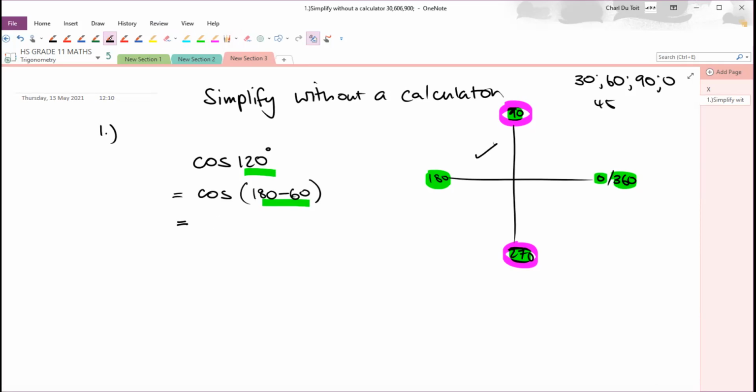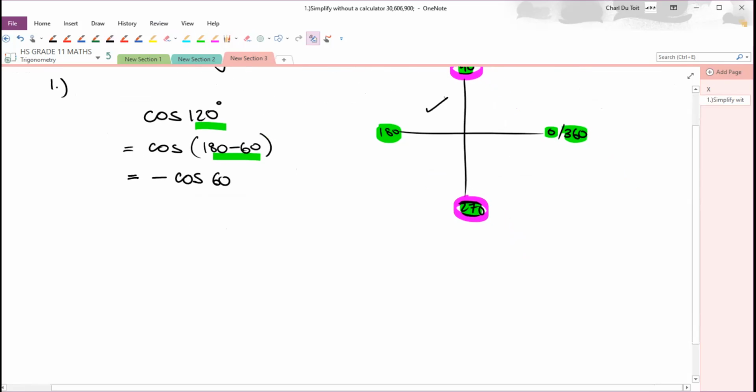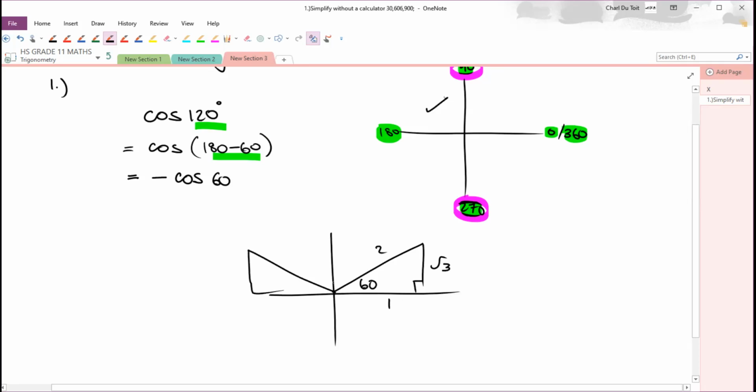Now I'm going to try and explain it so that you understand. Okay, so it's negative cos 60. The reason I'm doing that, I can just disregard the 180 because if I take the 60 degree angle in the first quadrant, 1, 2, root 3, I can also flip it over to the second quadrant, like a congruent triangle in the second quadrant. And then I can use any one of those.